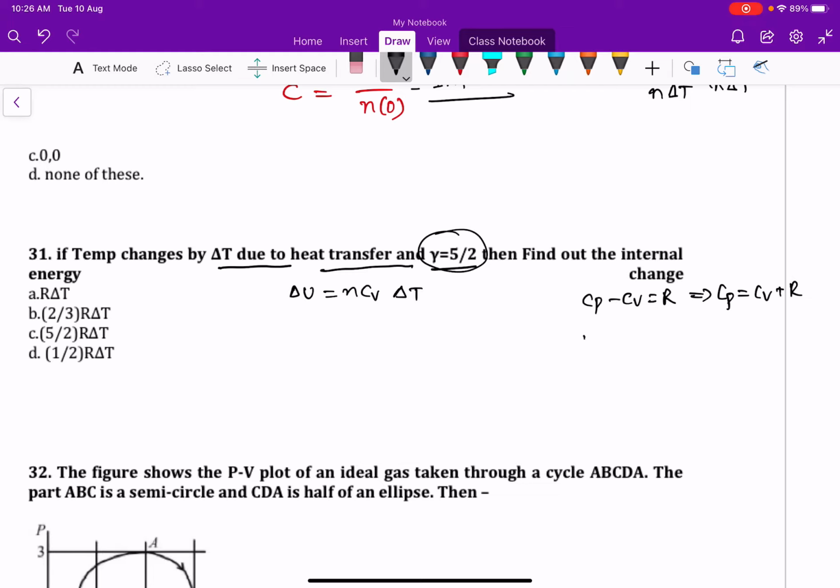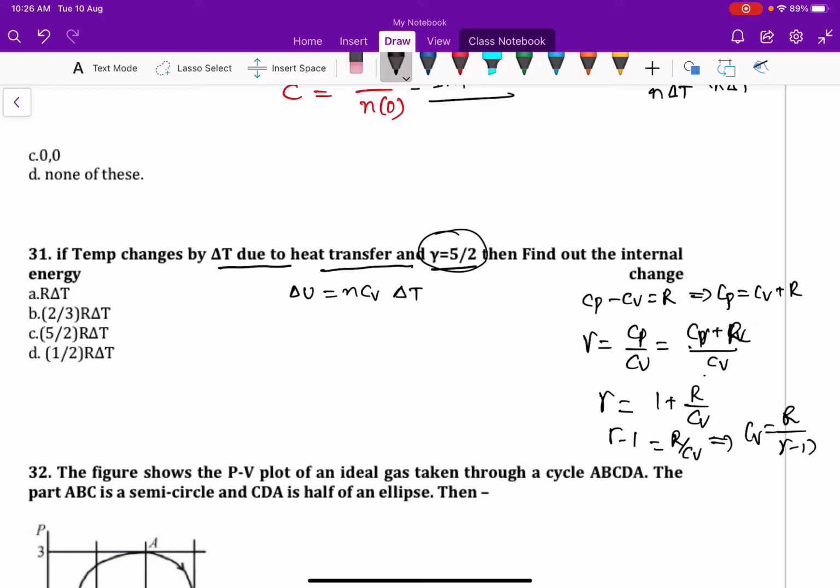We know gamma is equal to Cp by Cv, that is Cv plus R divided by Cv. So gamma is equal to Cv by Cv, which is nothing but 1 plus R by Cv. So gamma minus 1 equal to R by Cv, and Cv is equal to R by gamma minus 1.